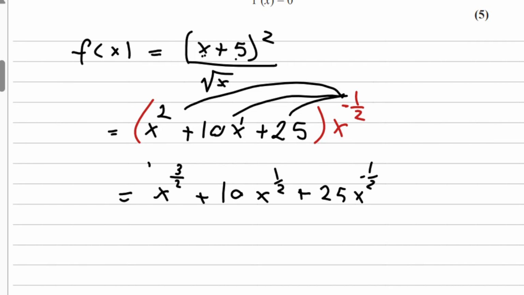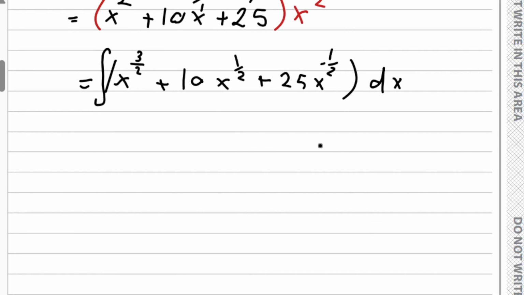And now we can do the integration of this dx. If you don't do this, you can't integrate, because we have not yet been taught how to do such integration unless we make it like this.